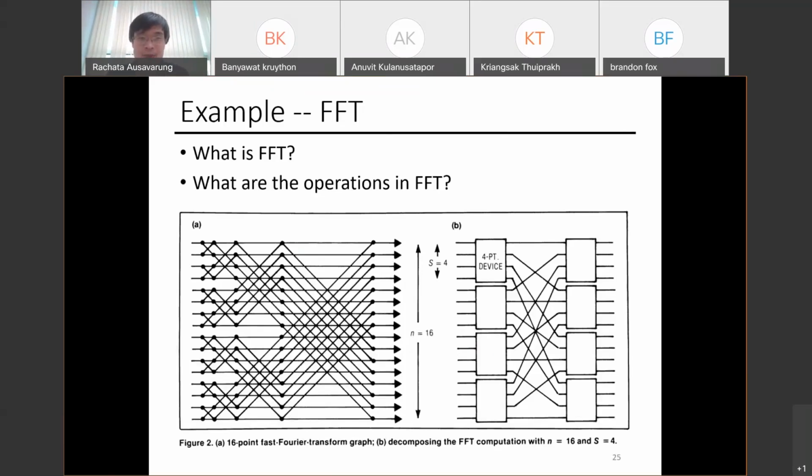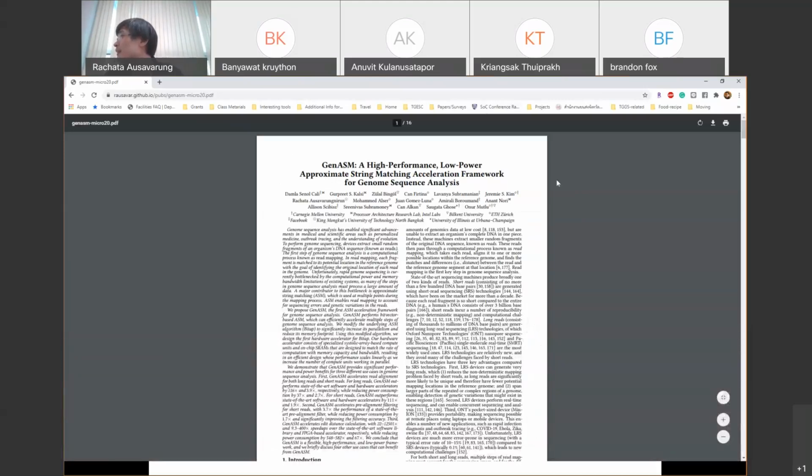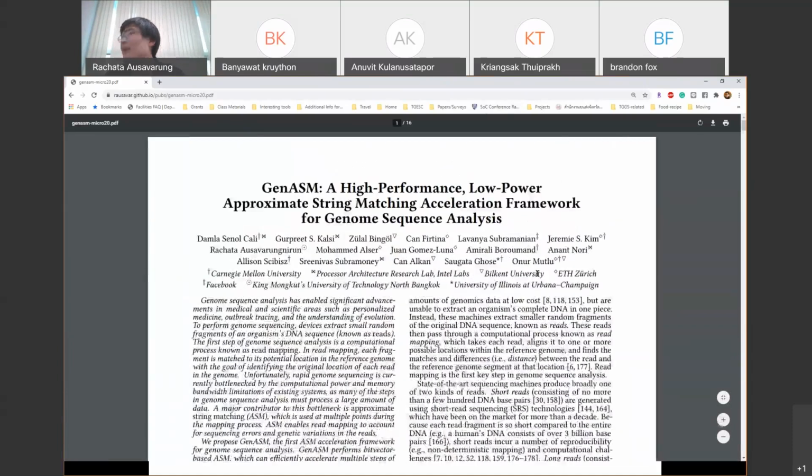Let me show you one more example that we propose. Do you see my screen? That is a paper we just published this month, basically.